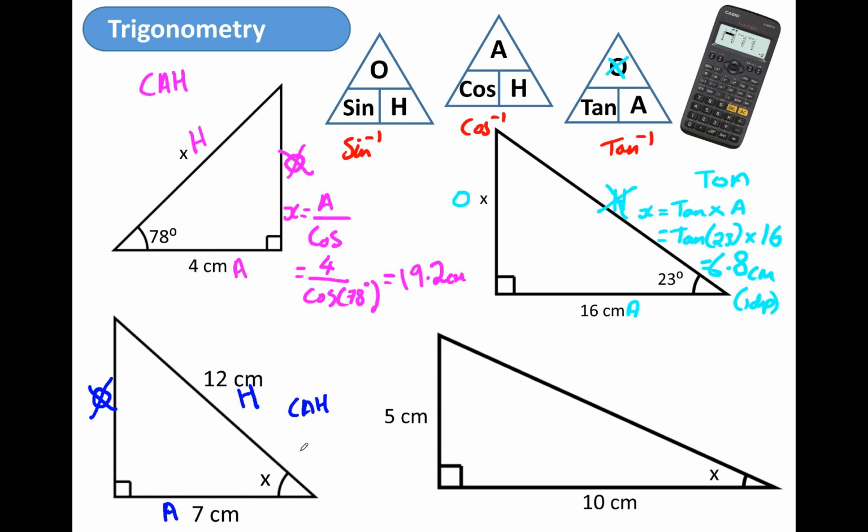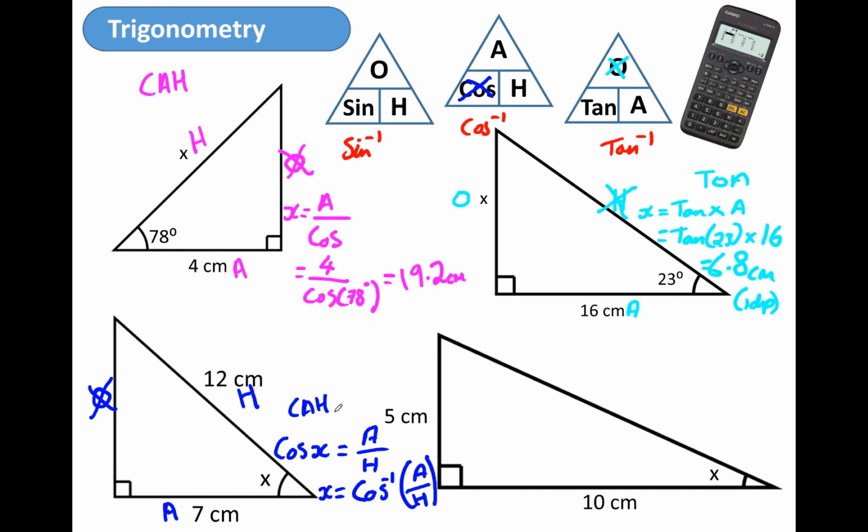Because cos is the thing we're finding, cross it out, we're left with A over H. Cos of the angle equals A over H. To solve it, to find what X is, I need to use cos to the minus 1 of A over H.